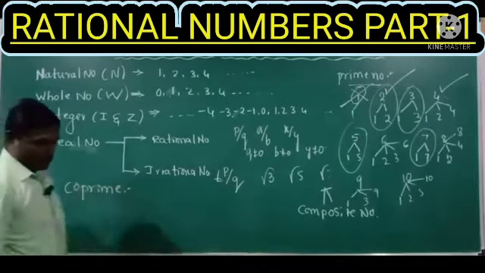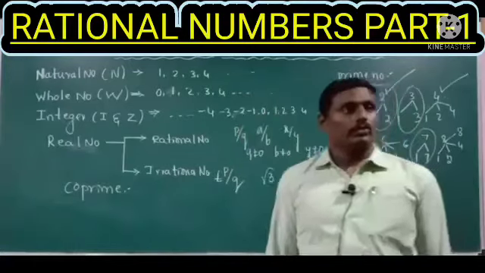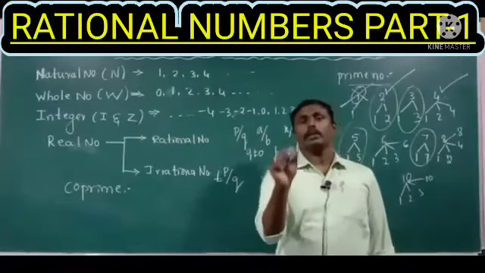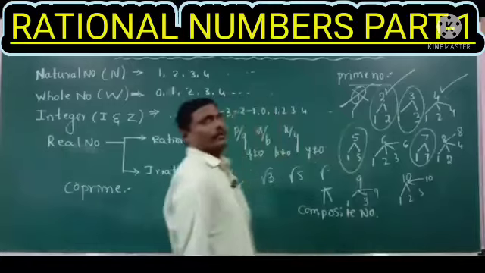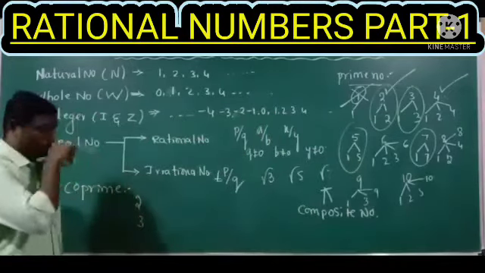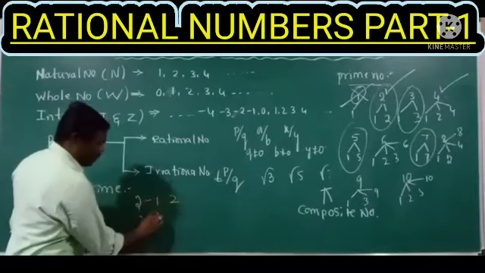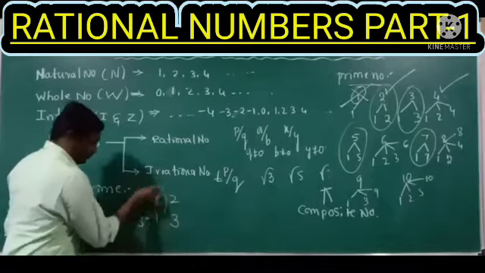So what does co-prime mean? Any two numbers which have the common factor 1 only. For example, if I take 2 and 3, what are the factors of 2 and 3? 1 and 2, 1 and 3.